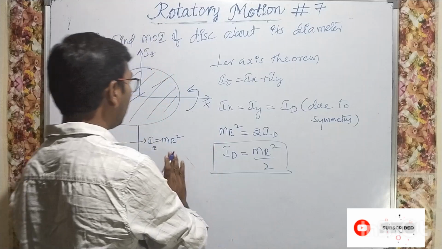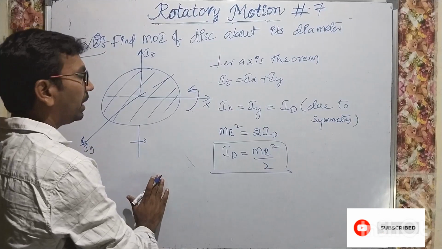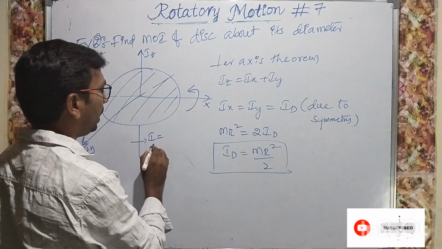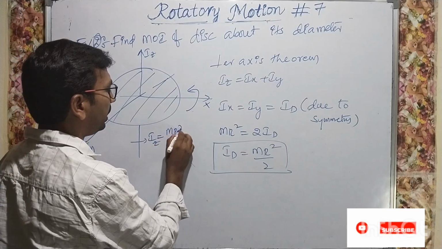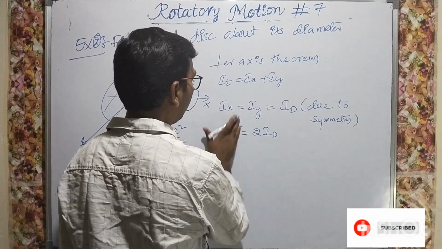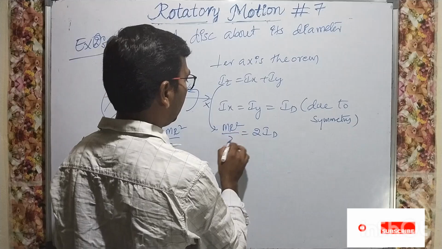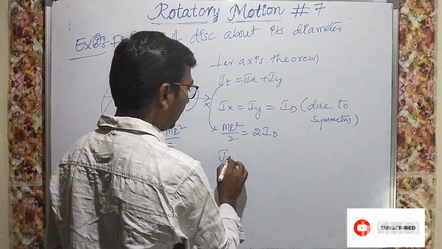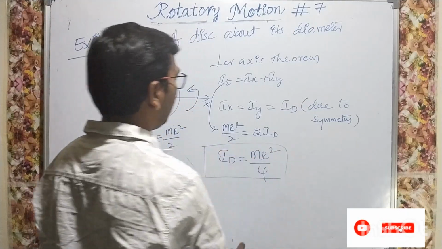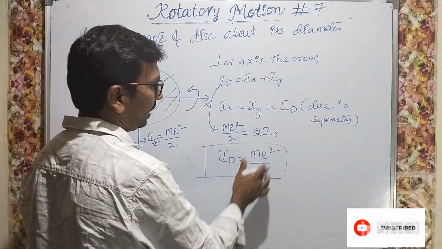The z-axis is perpendicular to the plane, and we know the moment of inertia along the z-axis is mr square by 2. So substitute: in place of Iz, we write mr square by 2. So Id is equal to mr square by 4. This is the moment of inertia of a disc about its diameter.